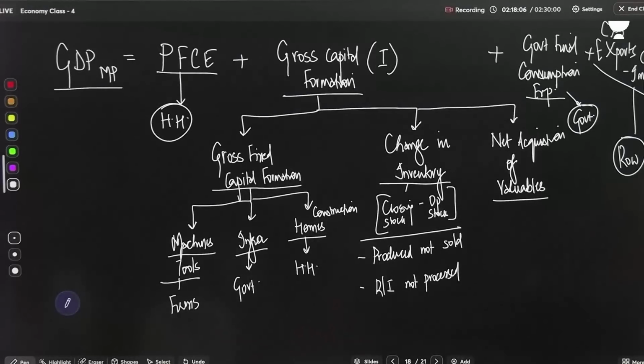In the next one, household, firms and government have spent on goods and services produced outside India.